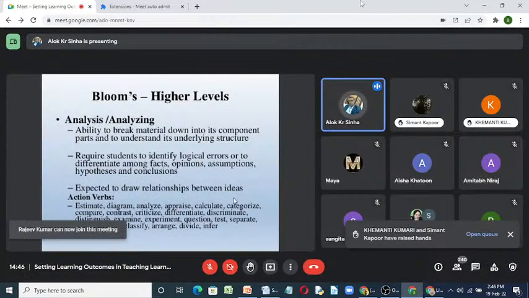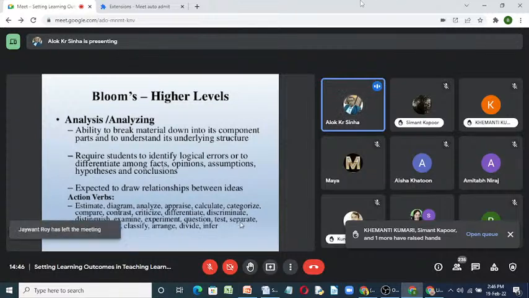How can one analyze things? It requires students to identify logical errors or to differentiate among facts, opinions, assumptions, hypotheses, and conclusions. Students are also expected to draw relationships between ideas.